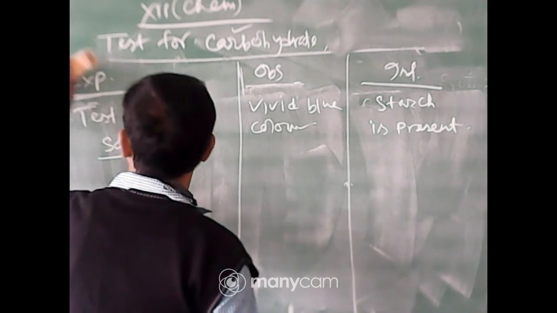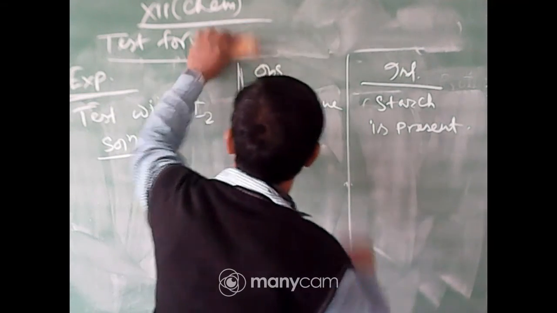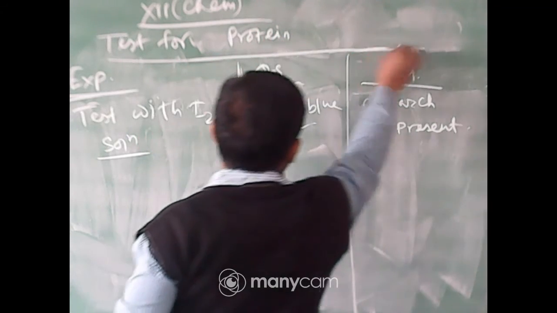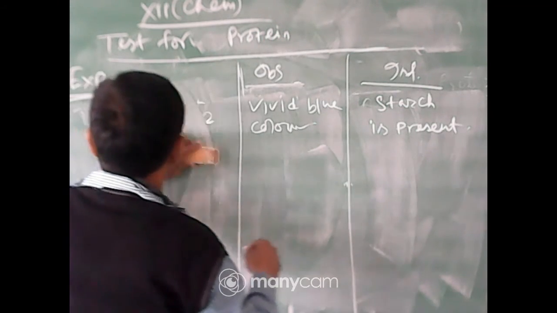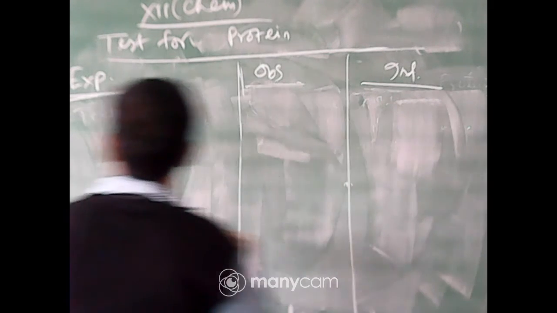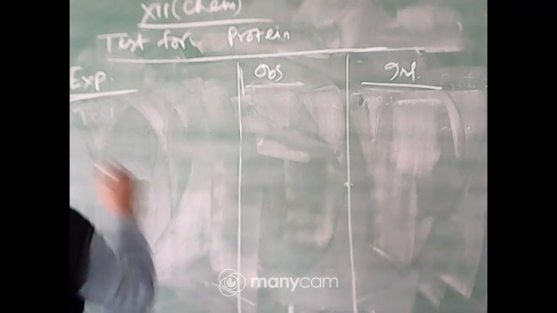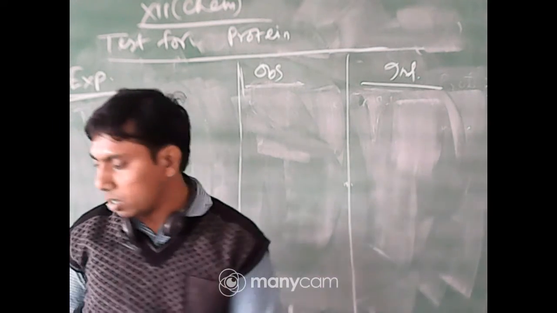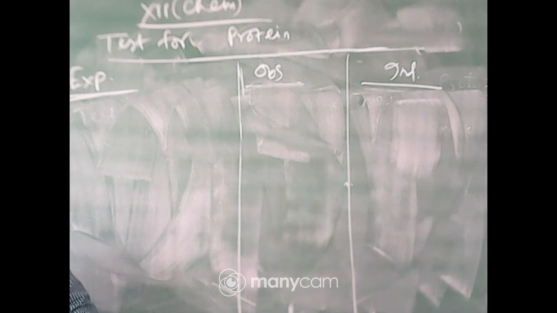The next is the test for protein. Again we will show the tests for protein. So, number 1. We have prepared here the solution of egg albumin. Now, the first test, number 1, is the biuret test.